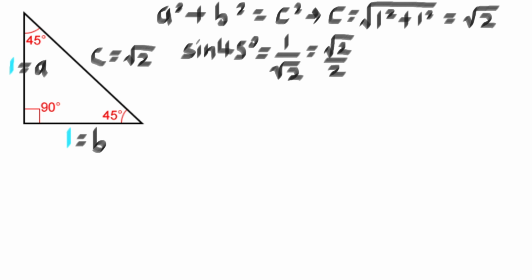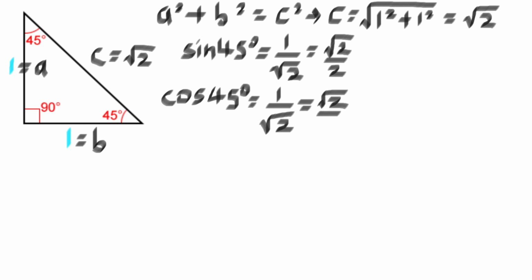And then we repeat the process with cosine of 45 degrees. So cosine of this angle down here is adjacent, which is 1, divided by square root of 2, which is the hypotenuse. And then again, we have to rationalize, and you get square root of 2 over 2. Finally, tangent of 45 degrees.